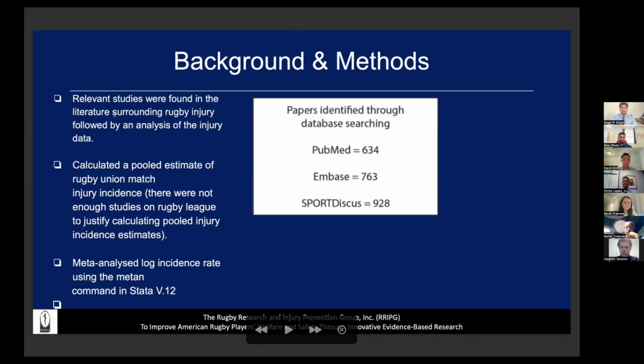So they identified 634 papers through PubMed, 763 papers from Embase, and then 928 papers from here. After taking these relevant studies, they calculated a pooled estimate of rugby union injury incidence, because there weren't actually enough studies on rugby league at that time to justify calculating pooled injury incidence estimates.